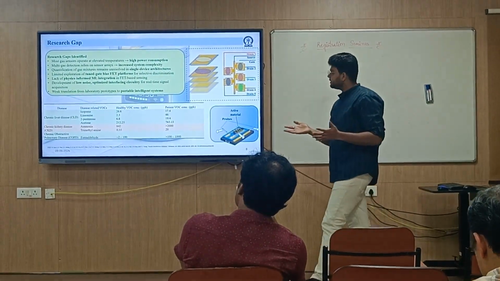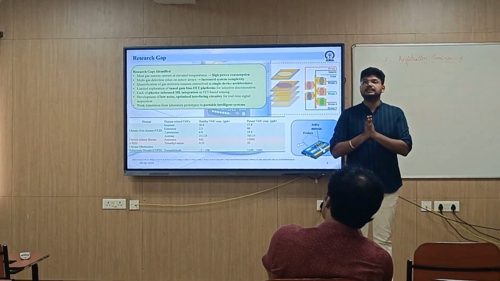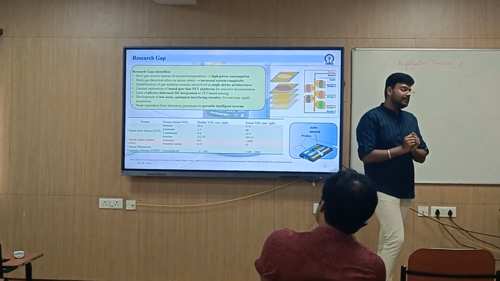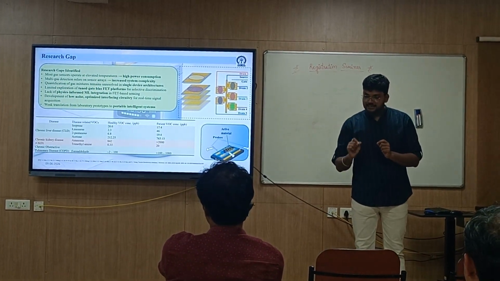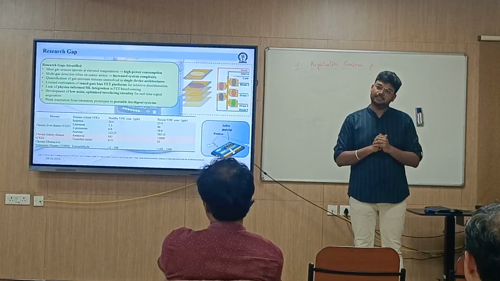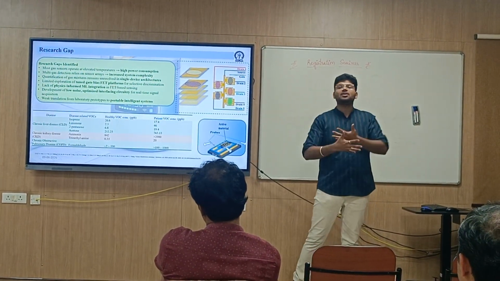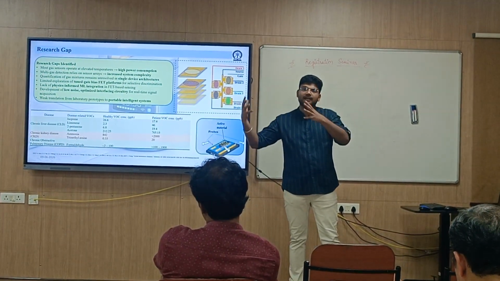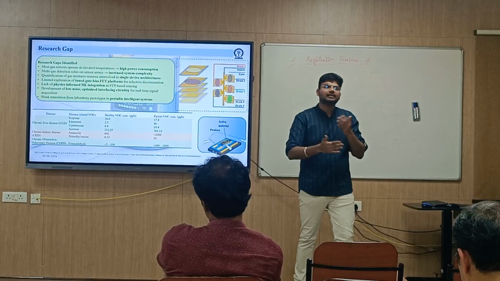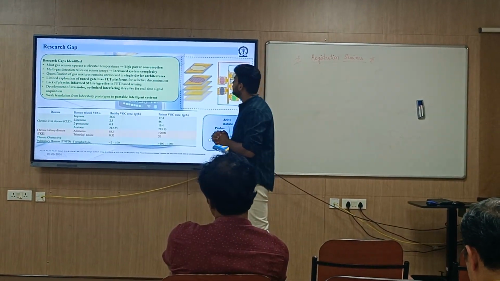So temperature is a constraint, and 90% of papers say that their sensor selectively detects a particular gas, but they are not sensing with a cross-gas mechanism. When 3 or 4 types of gases are mixed together, how their sensor behaves, they are not claiming that.